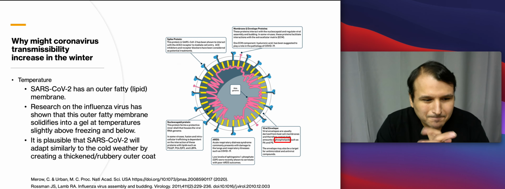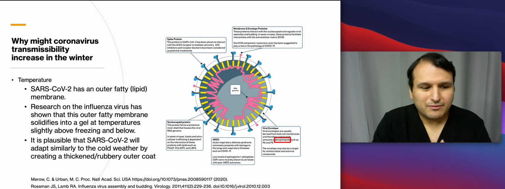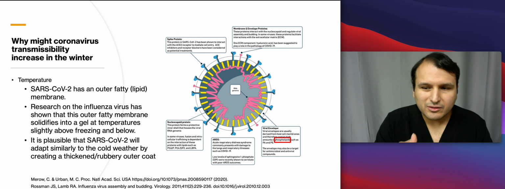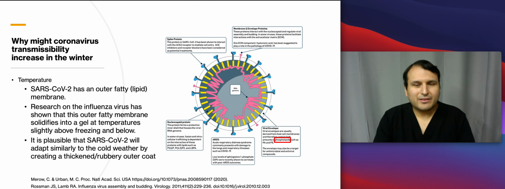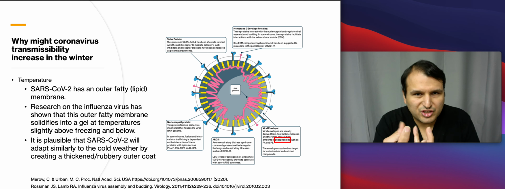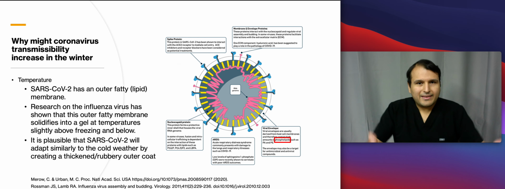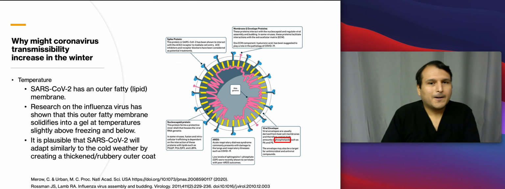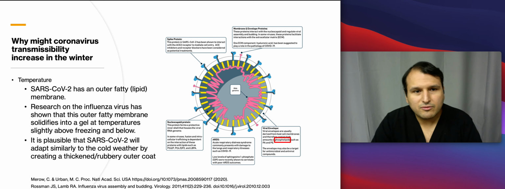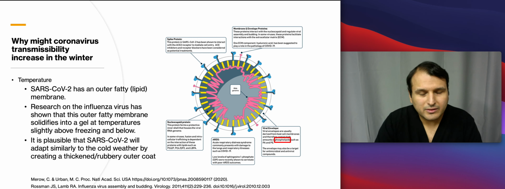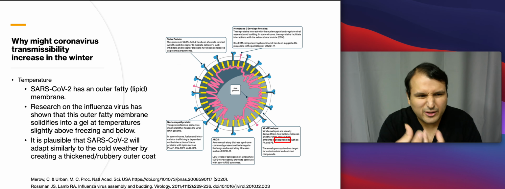What we know from the influenza virus is that at temperatures a little above or below freezing, the virus starts to gel up, becoming hardier or thicker. We can apply that knowledge to the SARS-CoV-2 virus by thinking that it could create a thickened outer coat, which could make it harder or thicker.